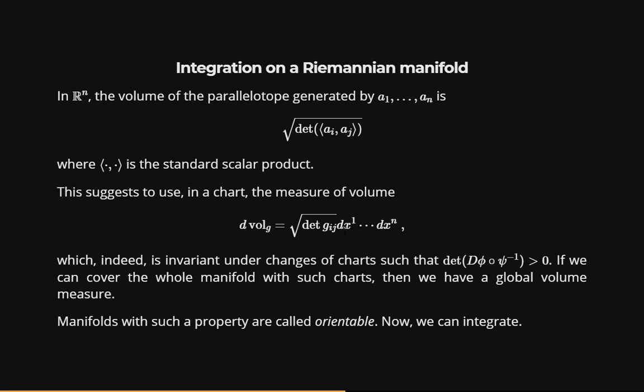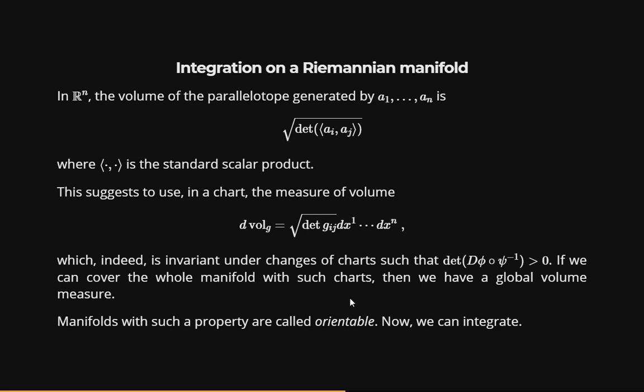Manifolds with such a property, so if we can choose changes of coordinates which have positive determinant all over the manifold, for the whole atlas, are called orientable. If you want to be formal and technical, an orientation is a maximal atlas with the added condition that all the changes of coordinates should have positive Jacobian determinant. But anyway.